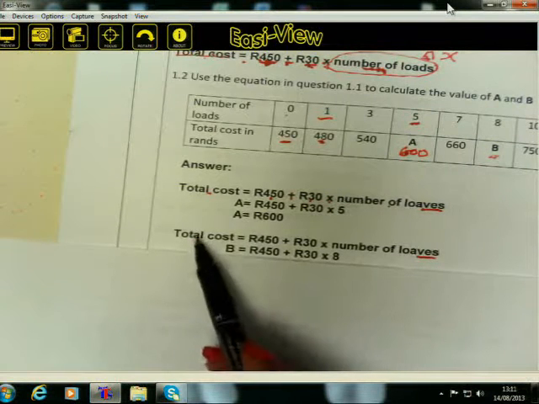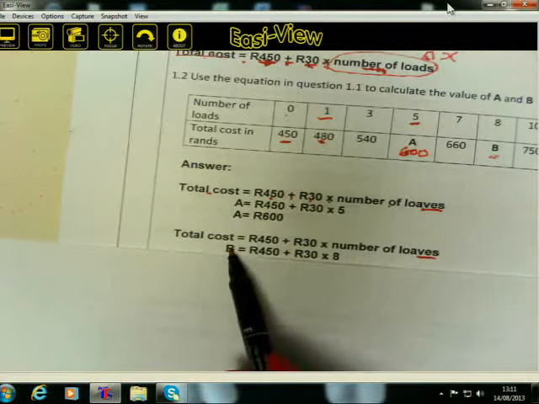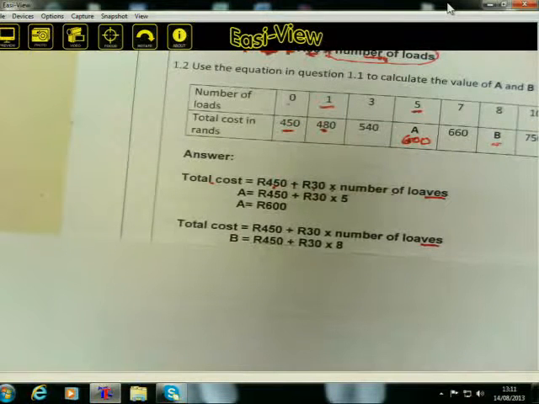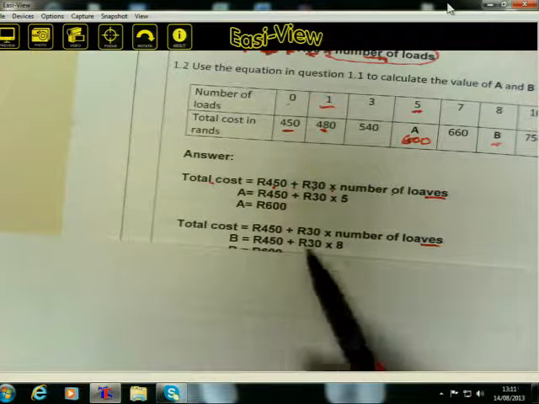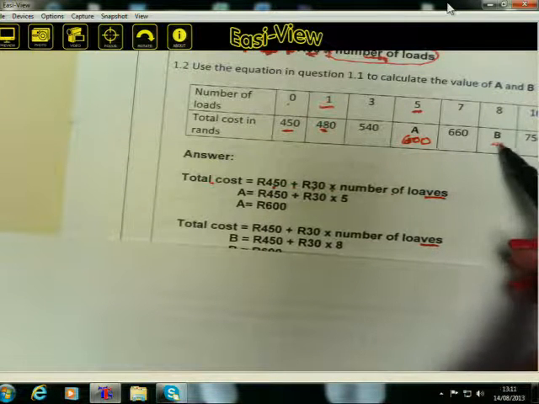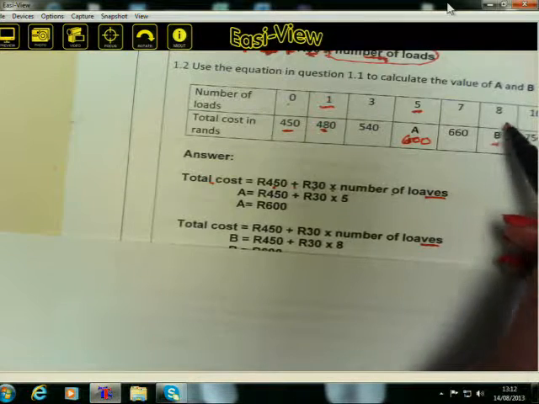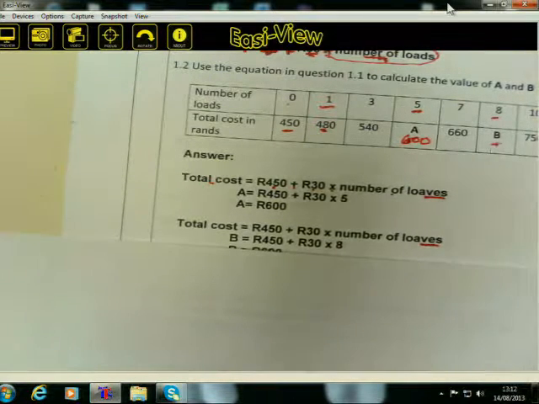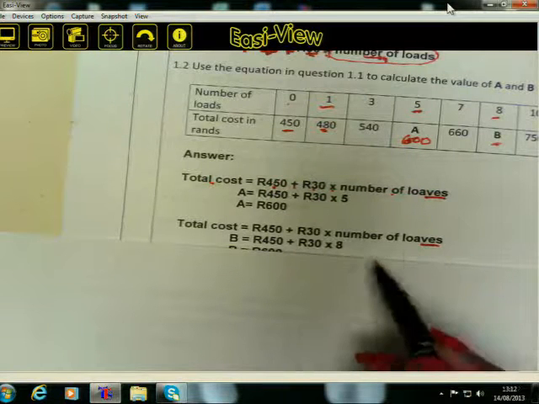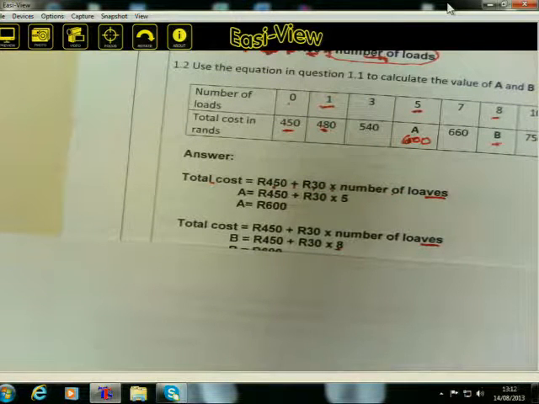Okay? Remember the total cost is B, which is what we have to calculate. 450 is in the formula, plus 30 rands, it's in the formula. Now we have to substitute the number of loads. Remember when you go back to the table, they say the number of loads there is 8. Hence, in the formula, we substitute the number of loads by 8.